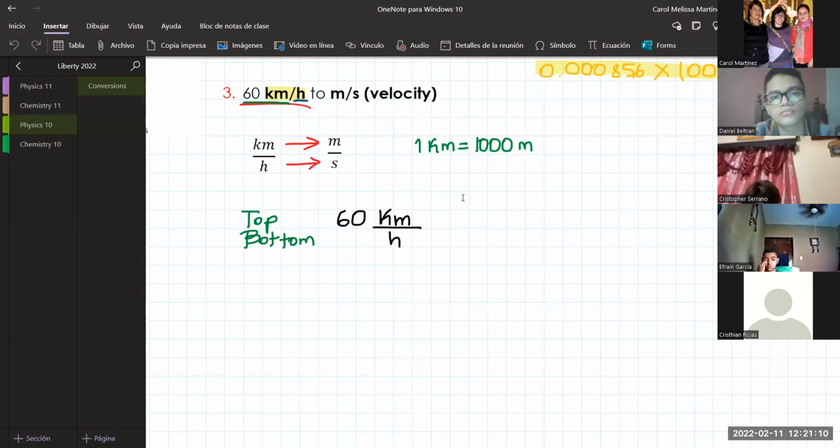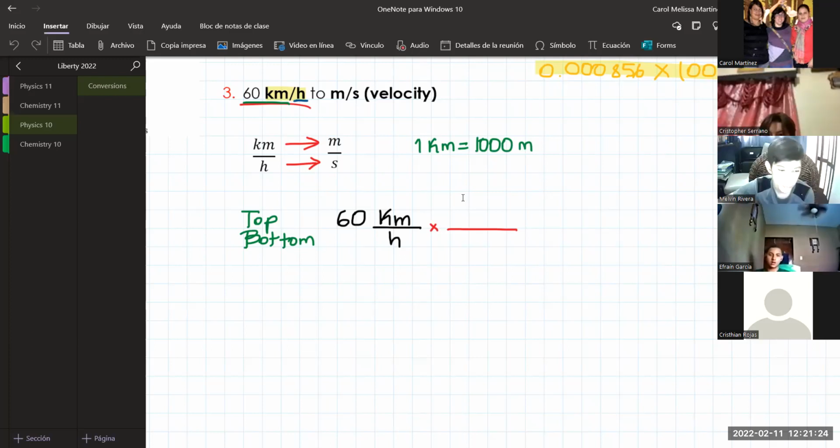Okay, so I say I'm going to work with the first conversion factor, which is from kilometers to meters. Where am I going to write meters? Up or down? Up, because down you need the kilometers, not the meters.